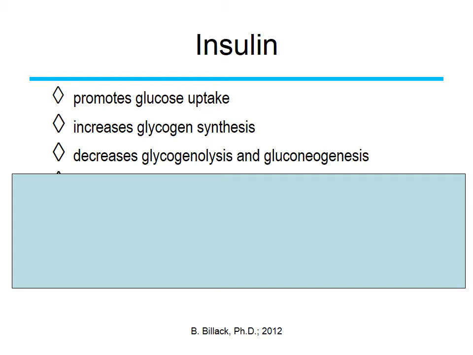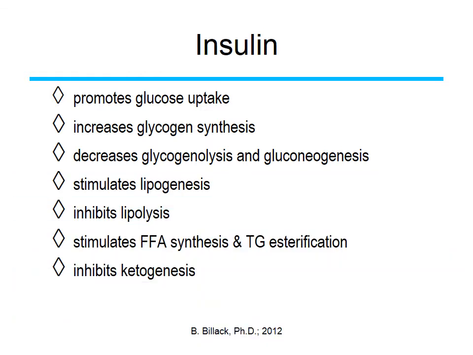We see that insulin decreases glycogenolysis and gluconeogenesis, which makes sense if you're stimulating uptake into the cell out of the blood of glucose, and you're stimulating storage. Then why would you want to break down what you just stored, and why would you want to put more sugar in the blood? It doesn't make sense. So insulin actually promotes uptake, increases glycogen synthesis, but decreases glycogenolysis and gluconeogenesis.